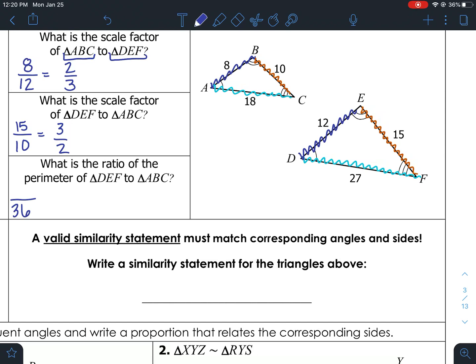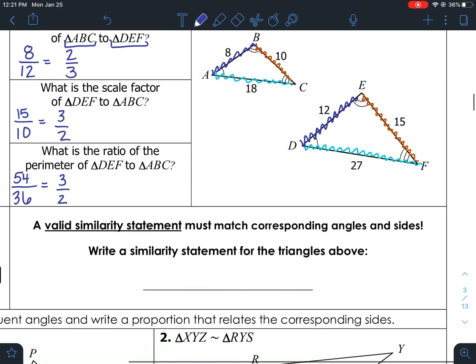Then we're going to have 12 plus 15 plus 27 for our perimeter of the other one, and that's 54. Okay, you're going to find a number that goes into both of those, which is going to be 9. So you're going to get 3 over 2. Okay, if you've got any questions, let me know about that one.